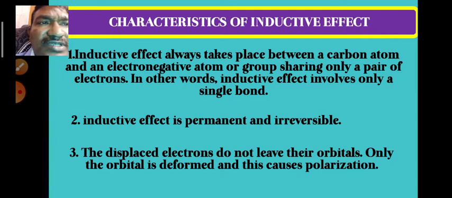Inductive effect always takes place between a carbon atom and an electronegative atom of a group sharing only a pair of electrons. In other words, inductive effect involves only a single bond. So in inductive effect only one sigma bond is involved. There is no double bond or triple bond, only a single bond is involved in the inductive effect.